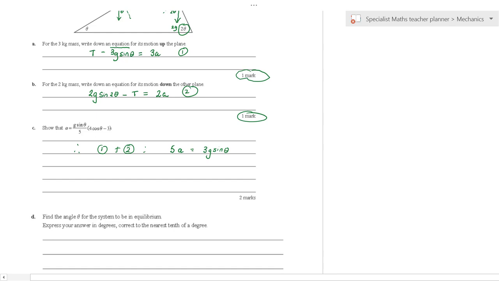Oh no, it's minus. That's not very good, is it? Try to rush things, ladies and gentlemen, and this is what happens. It happens to the best of us. So we've got 2g sine 2 theta minus 3g sine theta.